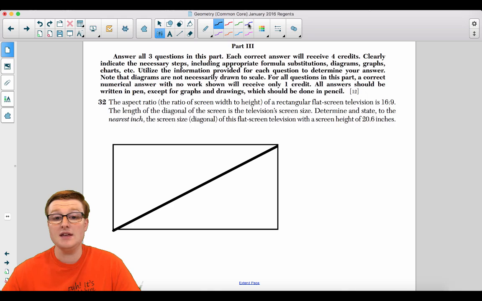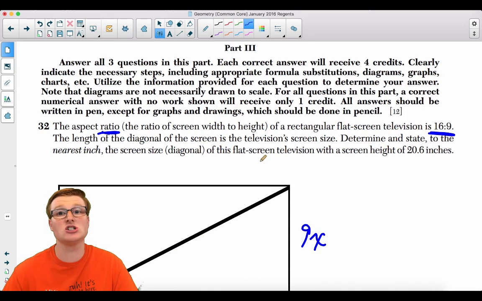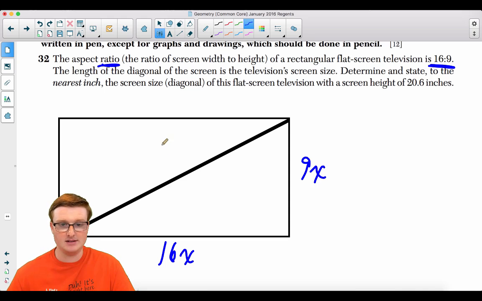So, the aspect ratio of this is 16:9. That means that this is 16x and this is 9x. Whenever it says ratio, you put an x after the numbers. Always put an x after the numbers because it's considered an unknown. Now, we're trying to solve for this. I'm going to call that y because we already have x's here.